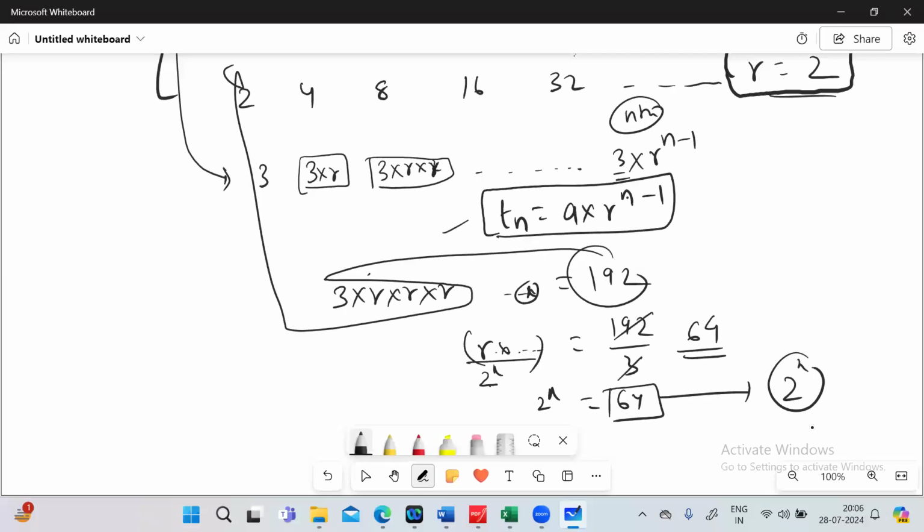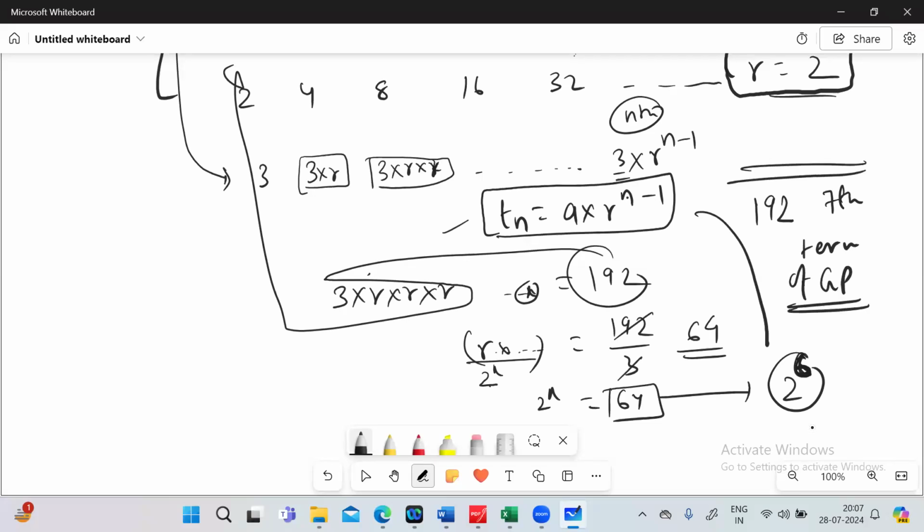And it is 2 to the power 6, so through the general term definition, the 192 will be the seventh term of the GP. This is the same thing which I talked about in AP. We just have to care that here R is the common ratio, not the common difference.